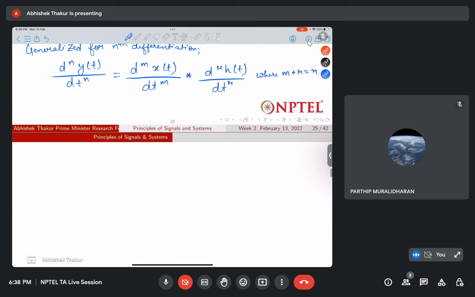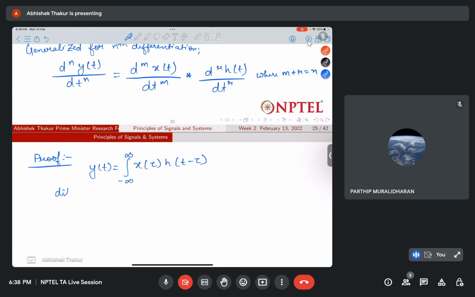Proof is very easy. We can see y(t) is given as the convolution of x(t) and h(t), that is equal to integral from minus infinity to infinity of x(tau) h(t minus tau) d tau. Okay.